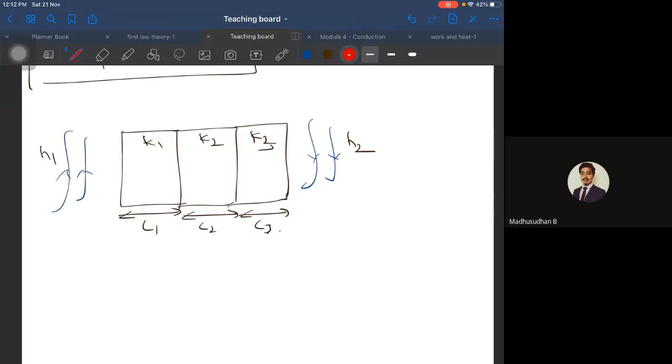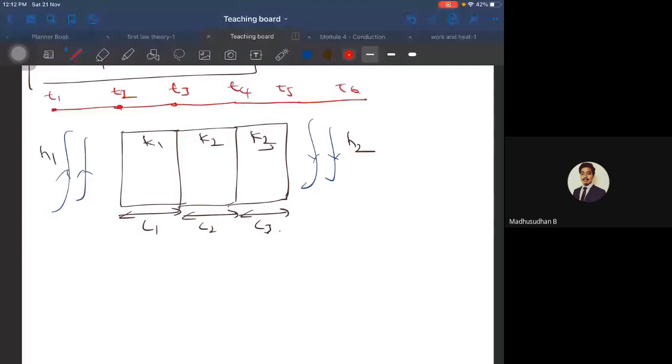The fluid temperature here is T1. The wall temperature is T2. Here it is T3 at the junction, T4 at this junction, T5 at this other surface. T6 is the temperature of the other fluid. So these many junctions are there.